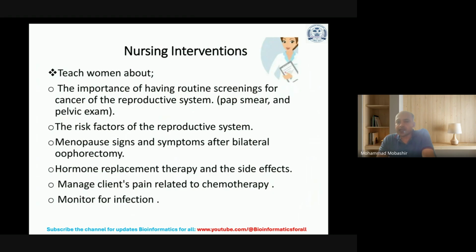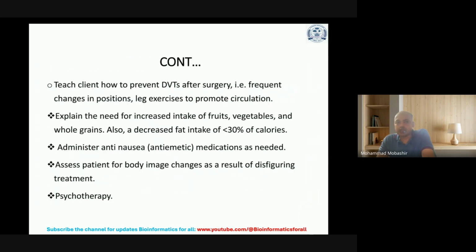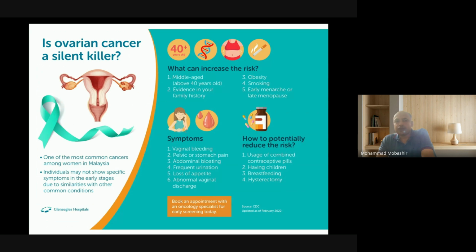Manage clients' pain related to chemotherapy, monitor for infection, teach each client how to prevent it, explain the need for increased intake of fruits and vegetables and whole grains, administer anti-nausea medications as needed, assess patient for body image changes, and then psychotherapy. Thank you very much.